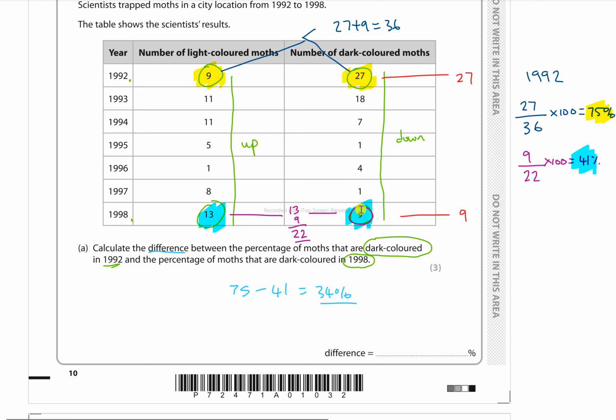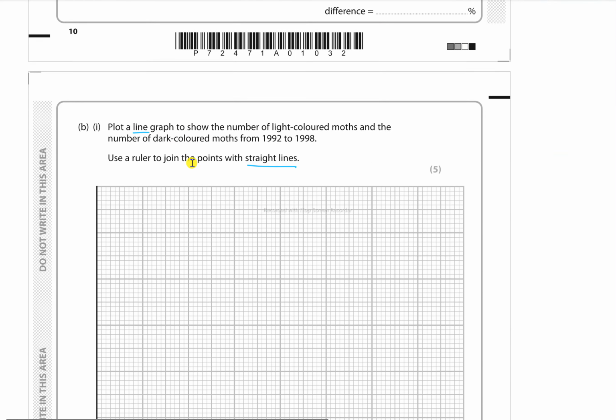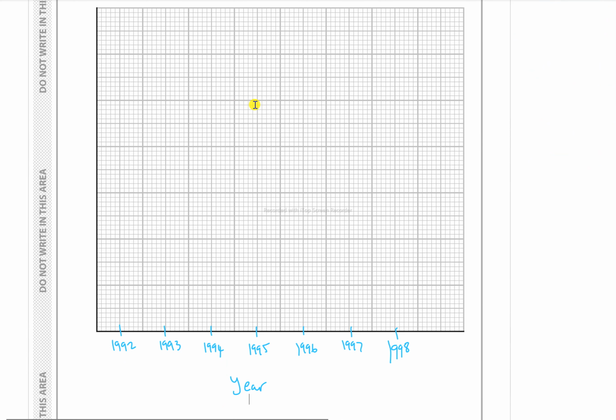It goes 27 to 1. The highest is 27. Can we squeeze that in here? No, we'll have to go in 2s, so that's 2, 4, 6, 8, 10, 12, 14, 16, 18, 20, 22, 24, 26, 28.